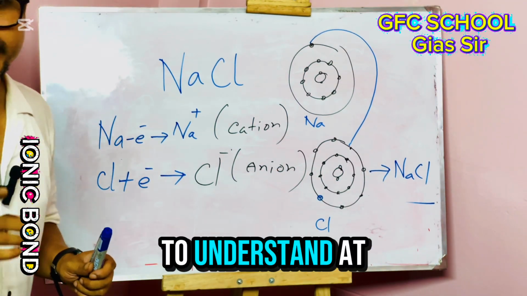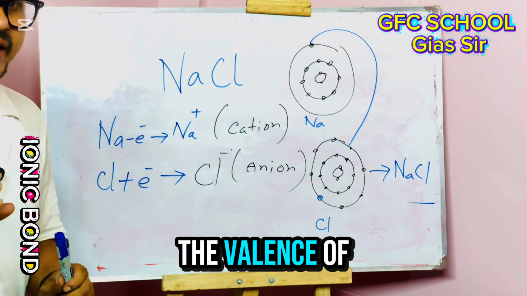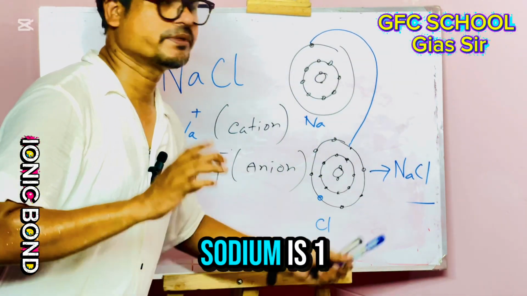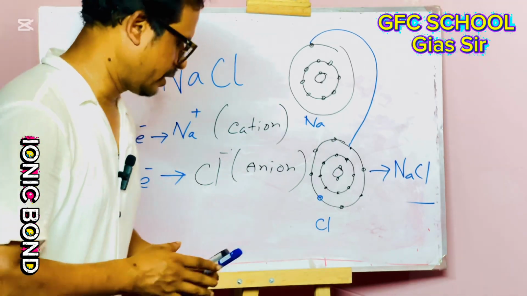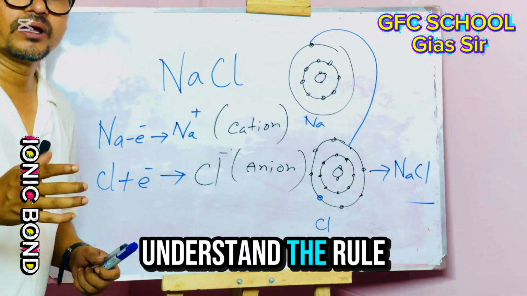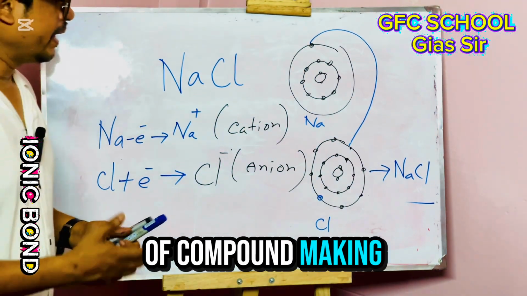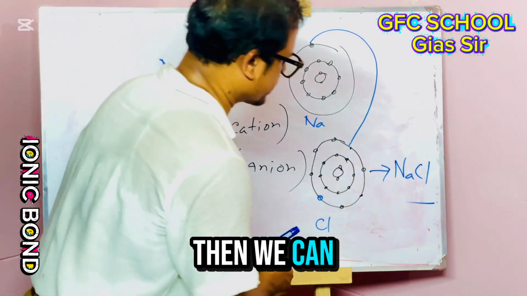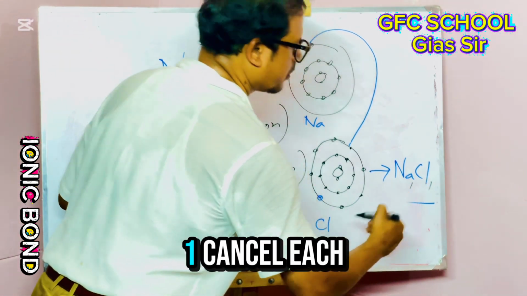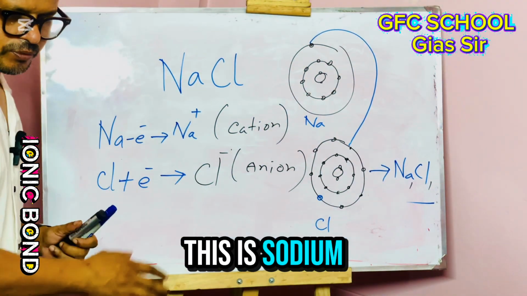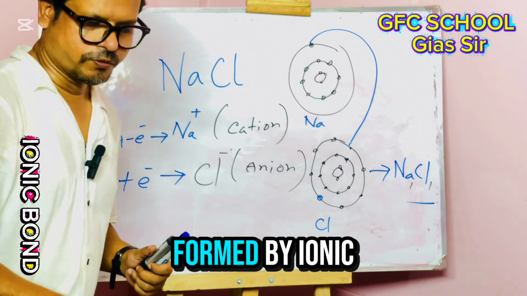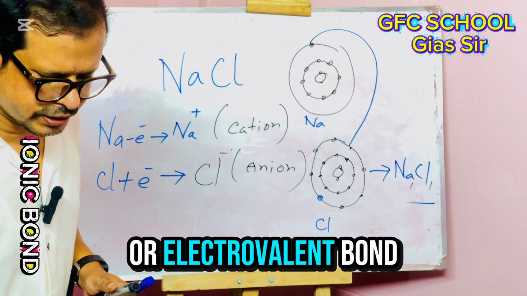Here we have to understand one point: the valency of sodium is 1 and the valency of chlorine is 1. That means if you want to understand the rule of compound making, then we can say the 1 and 1 cancel each other. Guys, this is sodium chloride, and it has been formed by an ionic or electrovalent bond.